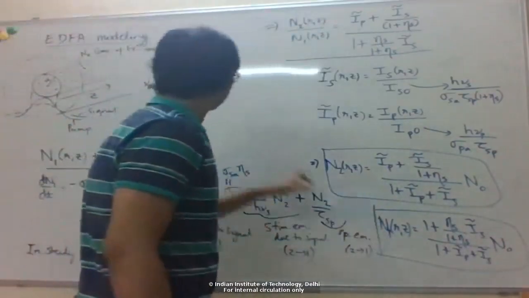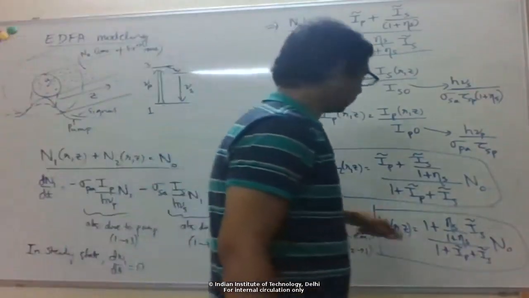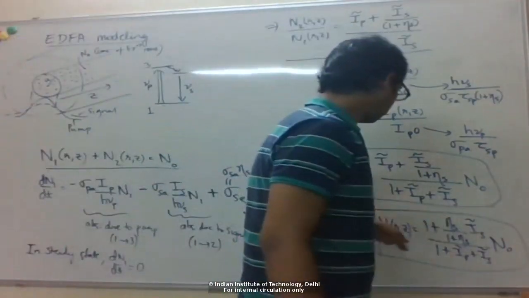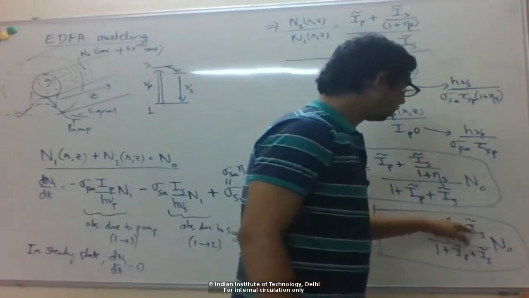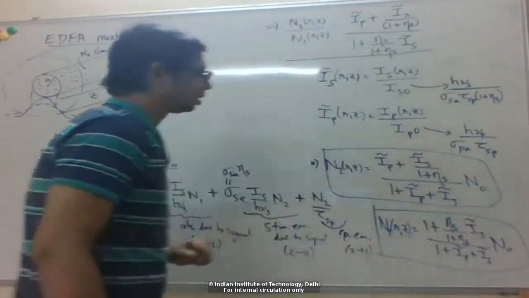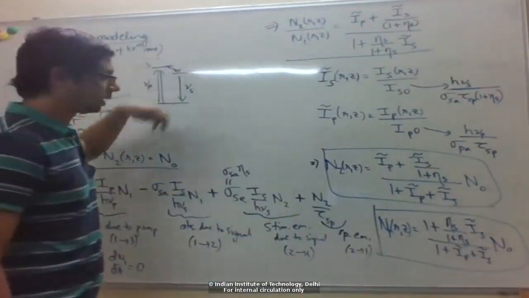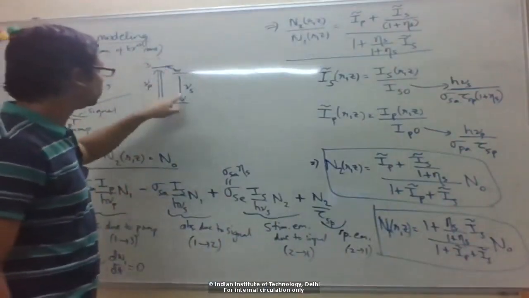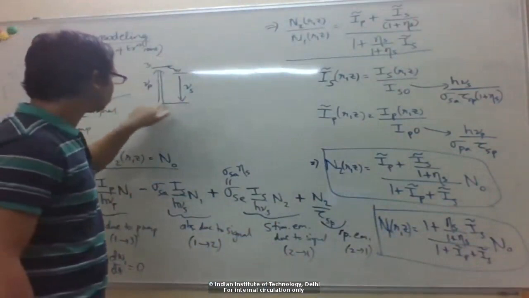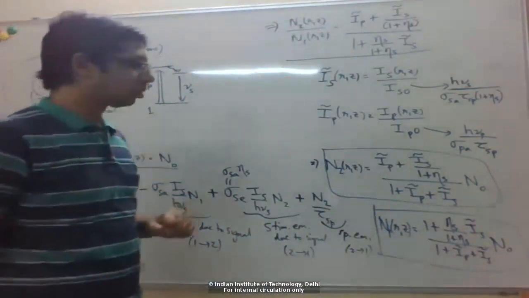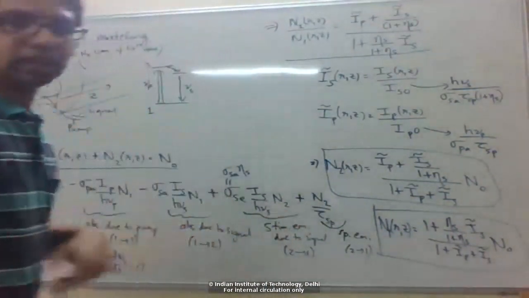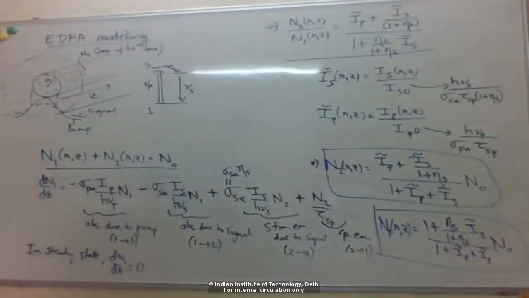Whereas the population in the ground state, right, that increases again with signal intensity, right? That's due to basically stimulated emission. As the signal intensity increases, it causes more stimulated emission, so the population in one increases. Okay? So there is some balance going on, right?